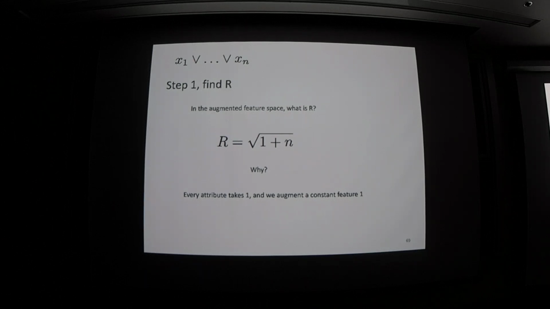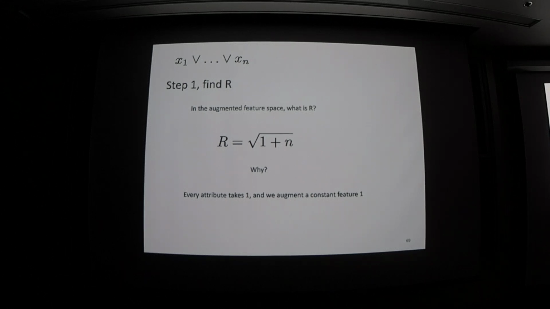I just mentioned we're talking about everything in the augmented feature space. We should augment the original input vectors by 1. So in augmented feature space, all of the input vectors have n plus 1 dimensions.